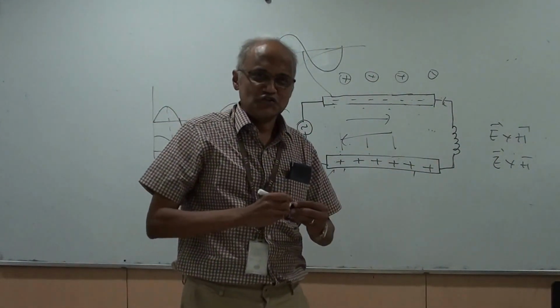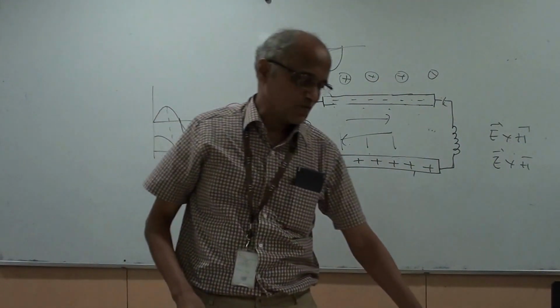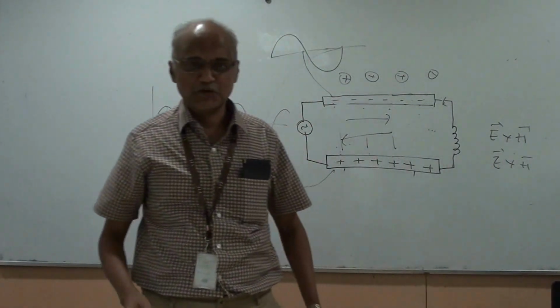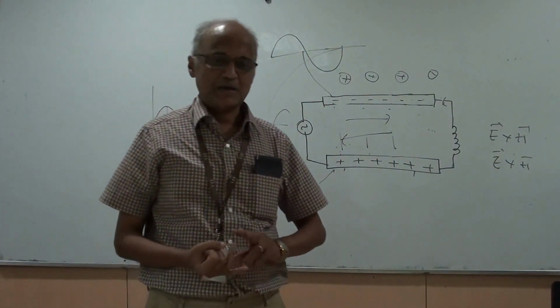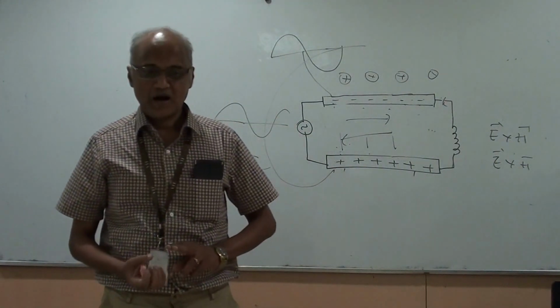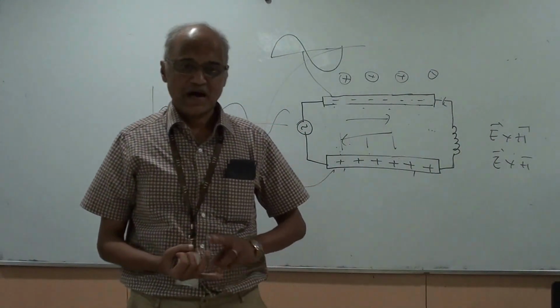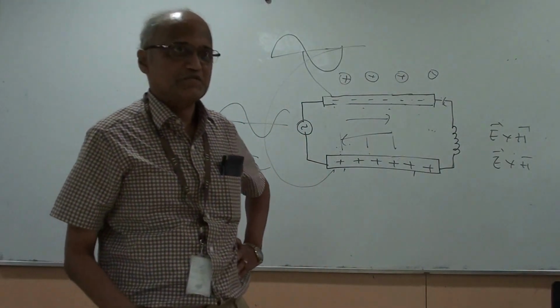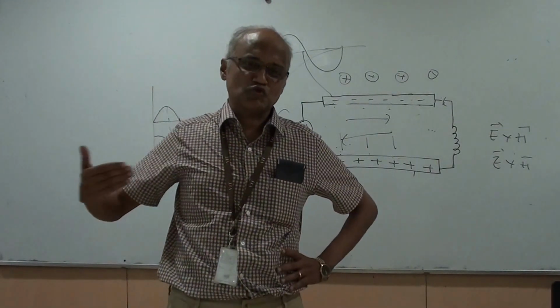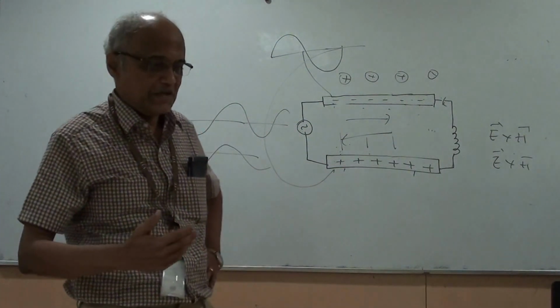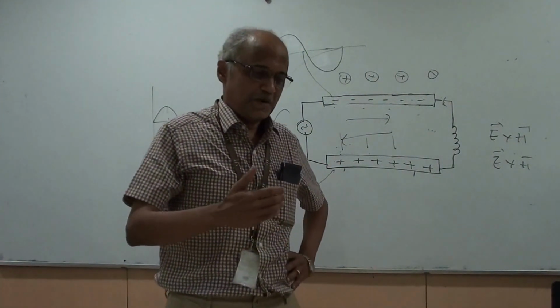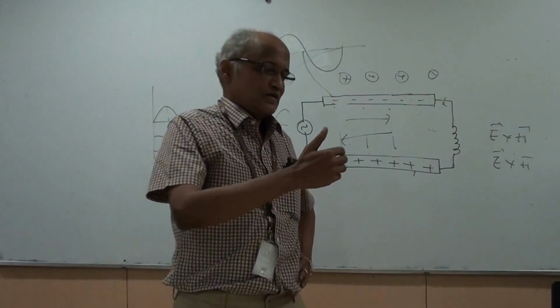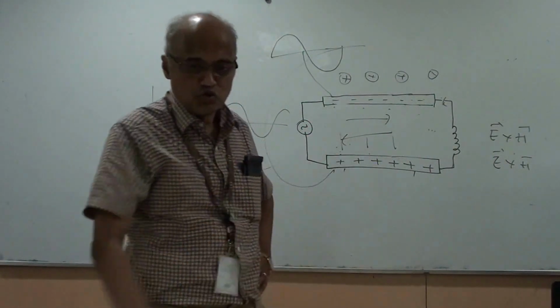So using this concept, you can work out what will happen. Suppose you have a load which is partly resistive and partly capacitive, or partly resistive and partly inductive. You will find that for a large amount of time the power flows from the source to the load, and for a short period of time the power flows from the load to the source.